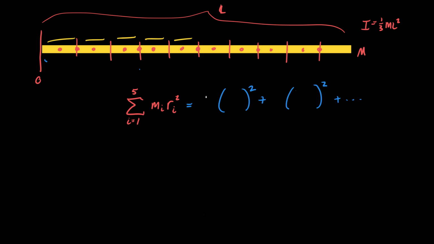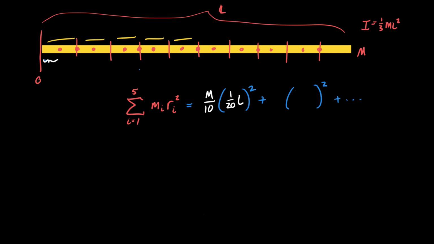There we go. So m over 10. Excellent. What is the distance from the axis of rotation to the first piece? What's that? 1/20th L. Yeah, 1/20th L. We okay with that? You understand where that came from, right?